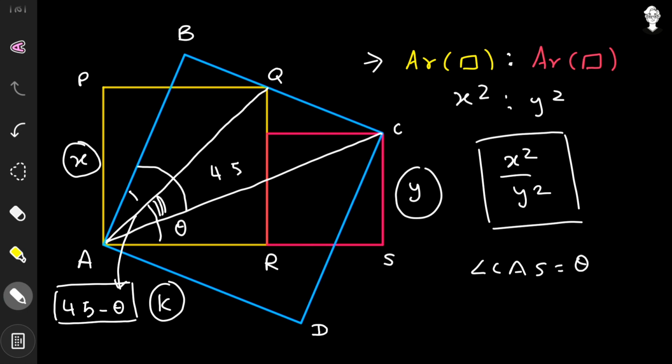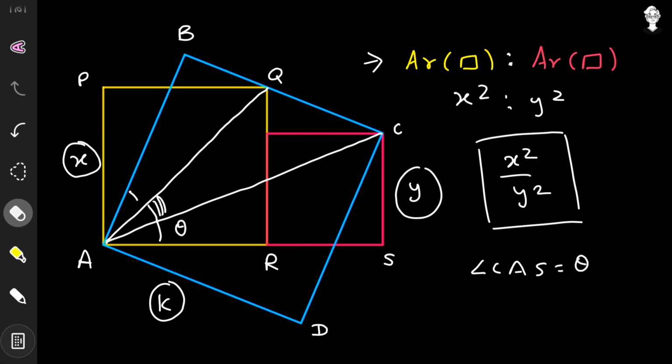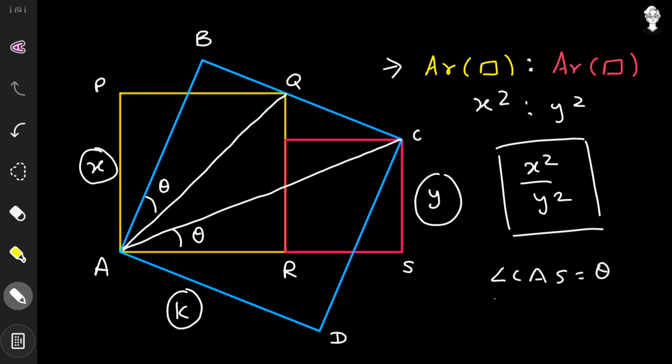So this remaining angle is going to be 45 minus 45 plus theta, that ultimately gives us theta. So that is the only required angle, so I'm just removing this 45 again. This 45 minus theta is also no more needed. The only required thing was to find that particular angle same as theta. So as per the calculation that we just did, we get that the angle BAQ is also going to be equal to theta. So these are the two required angles.